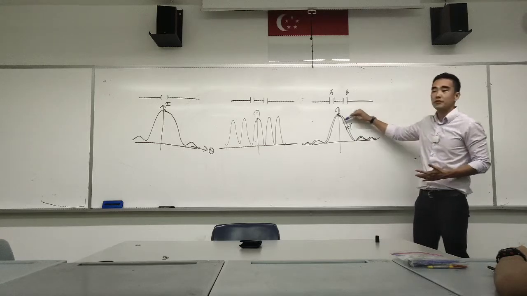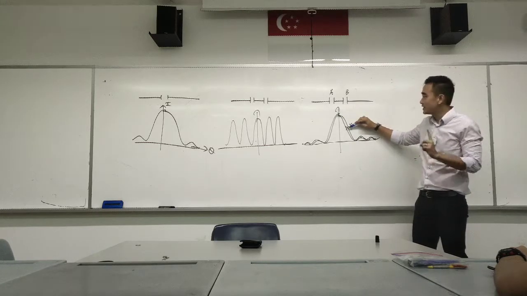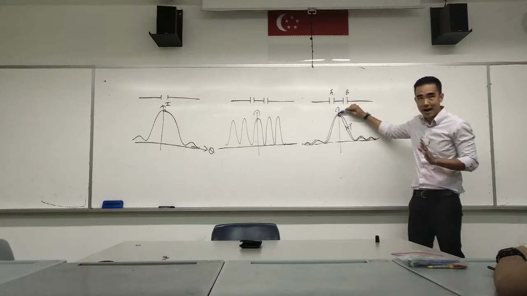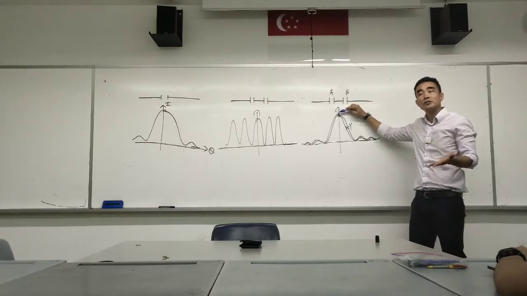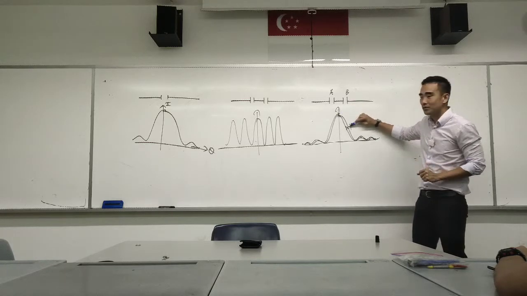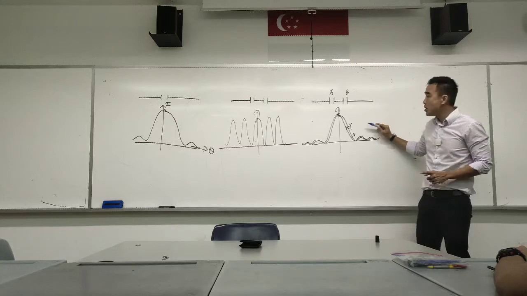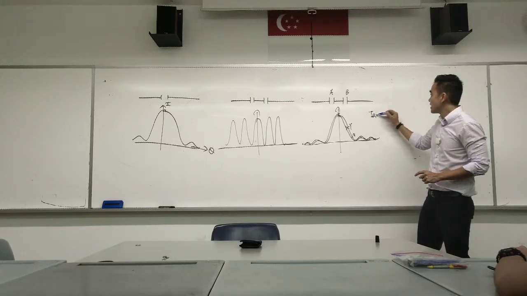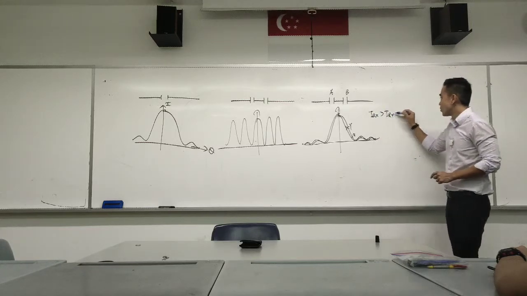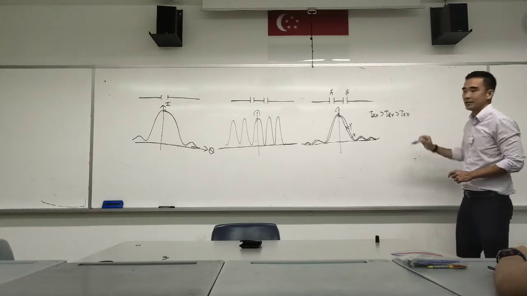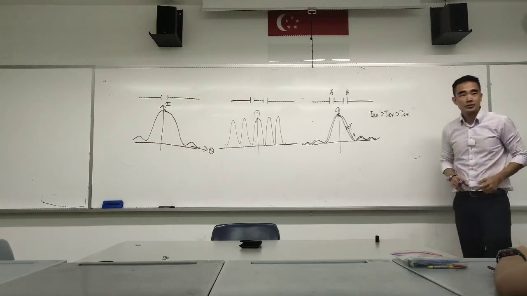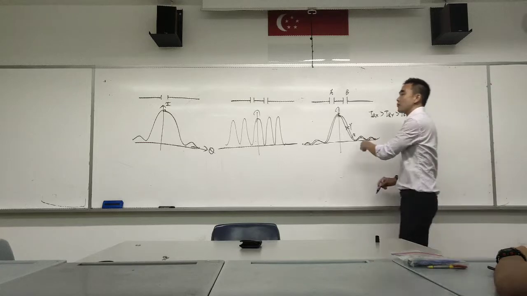Both are constructive interference, but because the intensity of the light arriving here is higher, the constructive interference intensity will be higher than the constructive interference over here. And say Z is another point where it's constructive interference, which means that the I resultant at X is going to be bigger than the I resultant at Y, which is bigger than the I resultant at Z, if all of them are constructive interference.